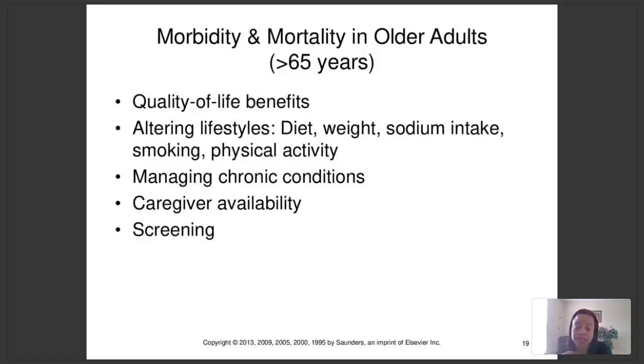Managing those chronic conditions goes hand in hand with that. And then altering lifestyles, such as your sodium intake and smoking. Some of the things we've talked about throughout the different age groups still apply here. But the other key one you're going to note is the quality of life indicators. So what does quality of life really mean for me to take care of some of this stuff? Okay.